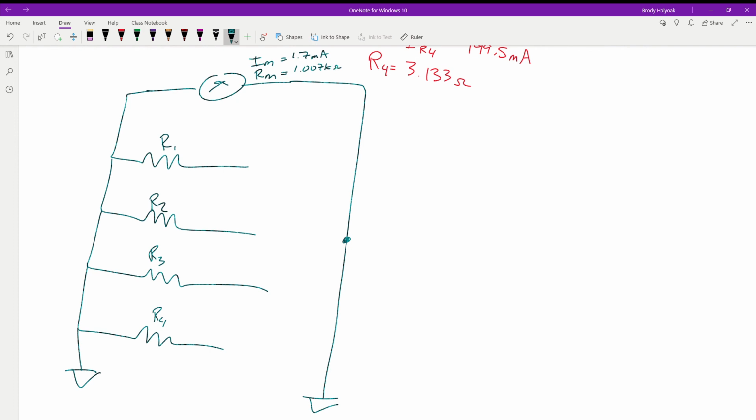I want to build a meter that goes, let's see, 200 milliamps, 2 amps, 20 amps, 150 amps. More power.